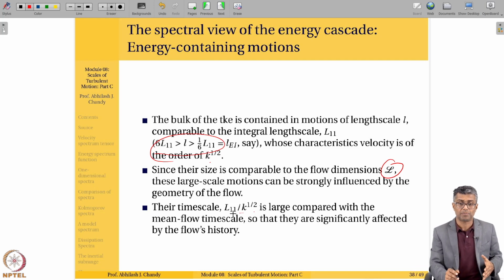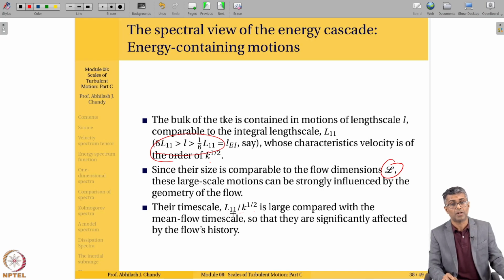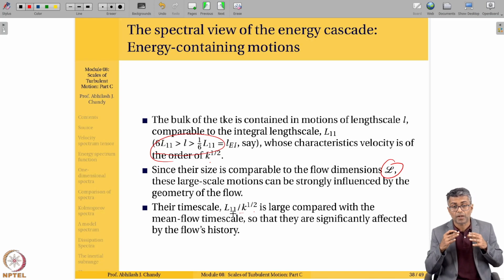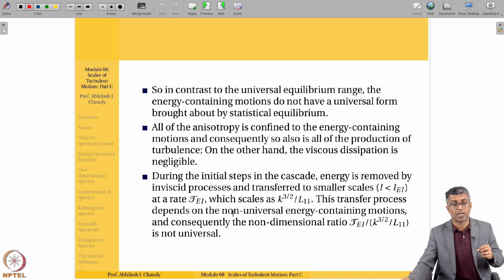So this is the large time scale, and in that sense they are significantly affected by the flow's history, because this is a very large time scale. So the flow history does matter. If the time scale was very quick, very small, then things are happening very quickly. Then the flow's history does not affect the scales as much. Whereas if you have a large time scale, then the scales are indeed affected by the flow history.